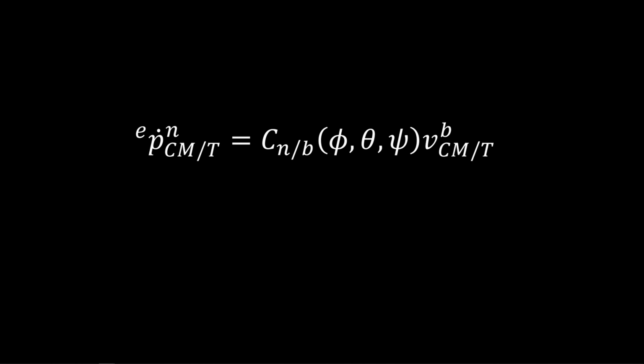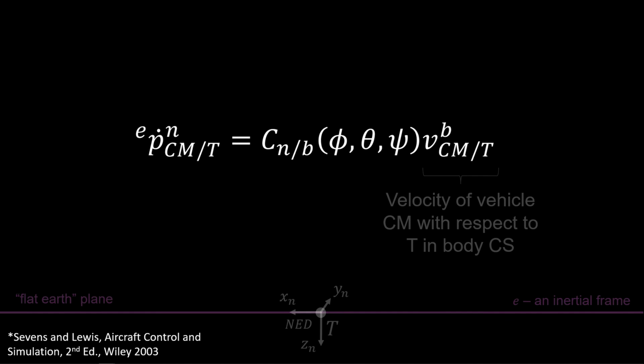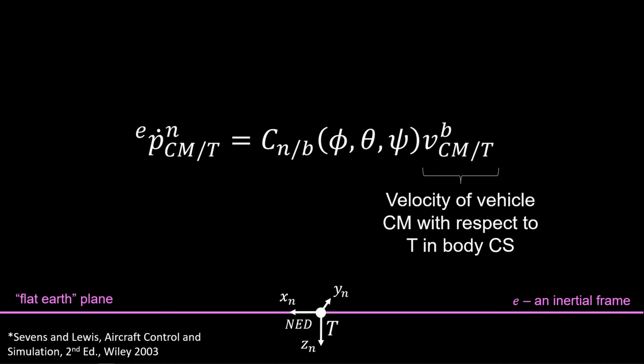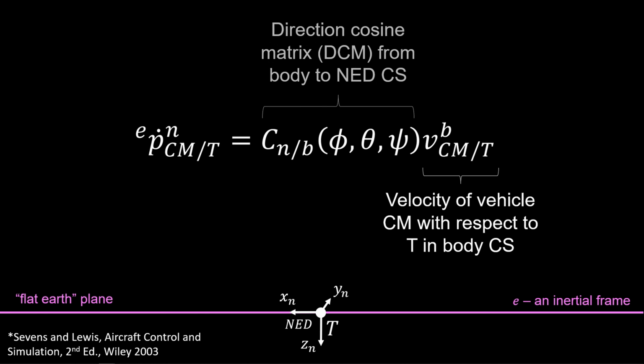Here's the position equation in vector form. The notation follows Stevens and Lewis and is also discussed in section 1.2. Rightmost is the vehicle velocity in the body coordinate system of the vehicle center of mass with respect to the point T. This is pre-multiplied by a direction cosine matrix that transforms velocity in the body coordinate system to the northeast down coordinate system.